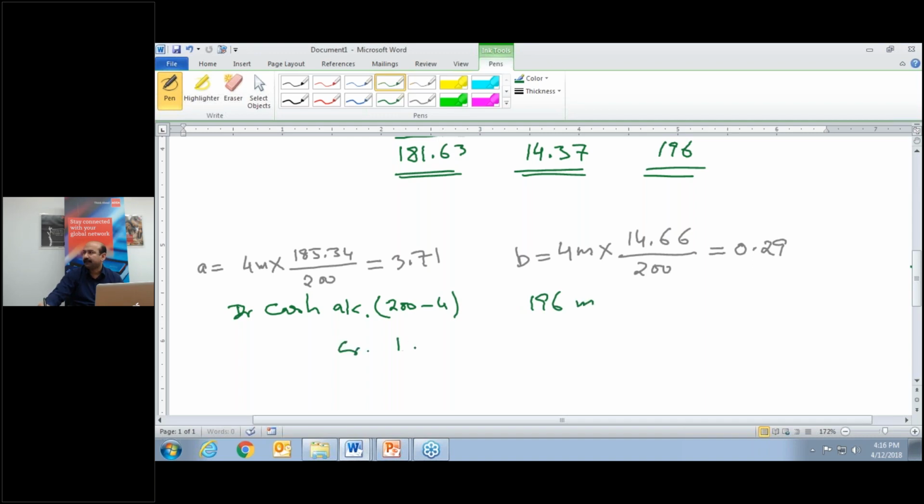Credit debt element, or whatever name you can use, like debentures, as we calculated on the top, 181.63 million, and credit equity element 14.37 million.